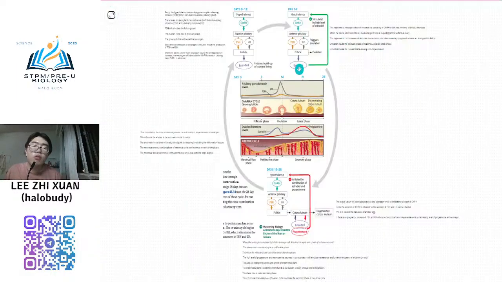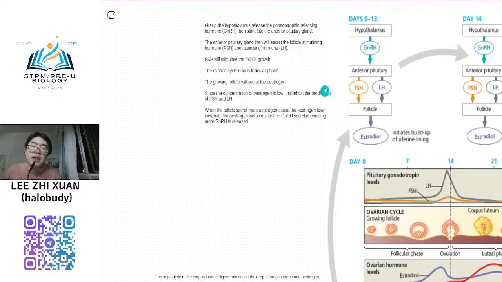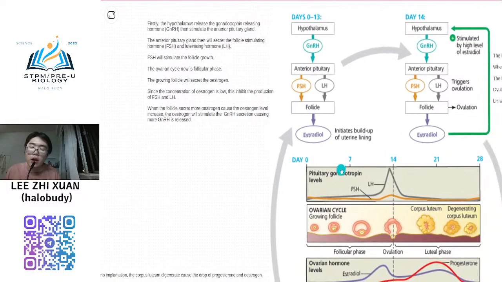Okay, so this is the overall menstruation process. In the first stage, the hypothalamus starts to secrete GnRH, meaning gonadotropin releasing hormone. This GnRH will stimulate the anterior pituitary gland to secrete FSH and also LH.